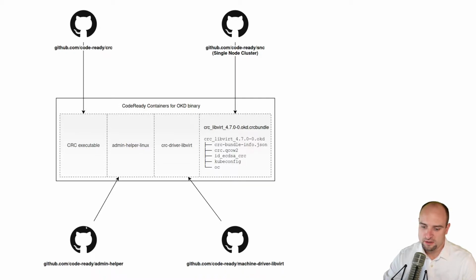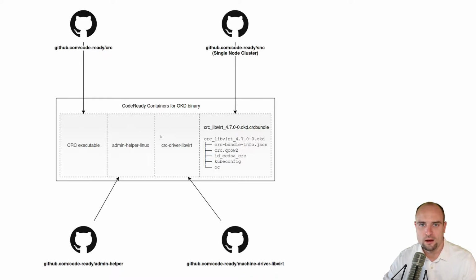This CRC repository also includes scripts to finally assemble the entire CodeReady Containers for OKD binary. The other 2 repositories here in the picture, admin-helper and machine-driver-libvirt, include source code to build the other 2 parts. However, they also provide already built binary artifacts. And so instead of building from source, we are just going to grab those binary artifacts and include them in our CodeReady Containers for OKD binary.